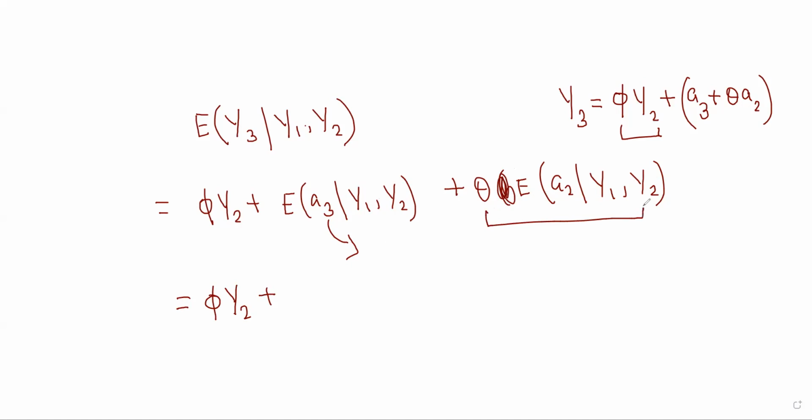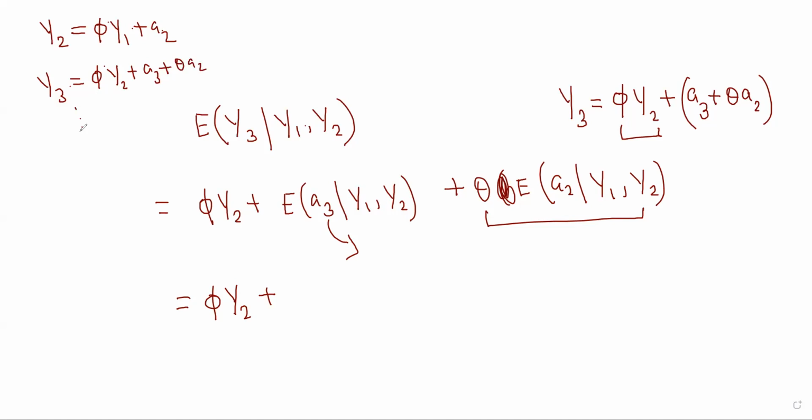Can somebody tell me, what is the expectation of A2 given Y1, Y2? That's correct, it's simply A2, because I know A2. If I know Y1, Y2, what is Y2? Y2 is phi Y1 plus A2, isn't it? And Y3 is phi Y2 plus A3 plus theta A2.